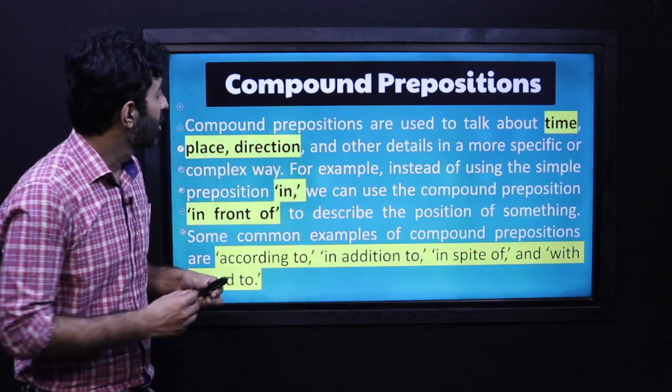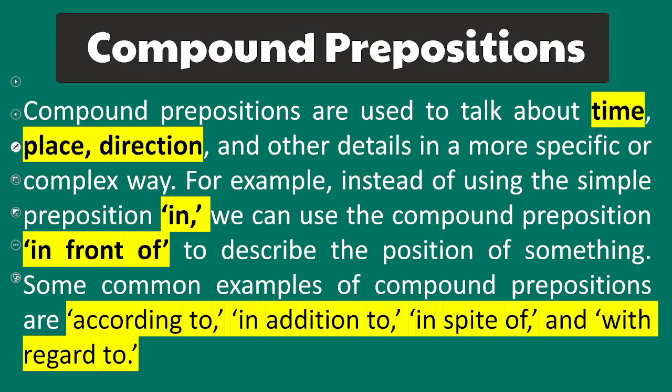Now, compound prepositions are used to talk about time, place, direction, and other details, position, location, and movement as well. And we talk about it in a more specific or complex way. For example, instead of just using the simple preposition in, can we use a compound preposition to describe a position?